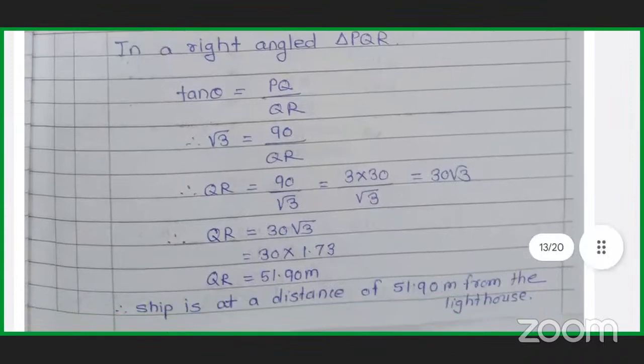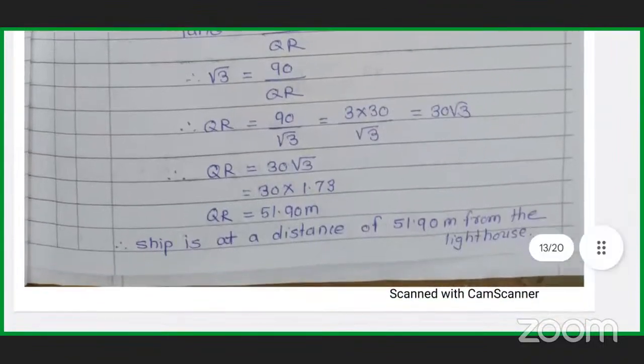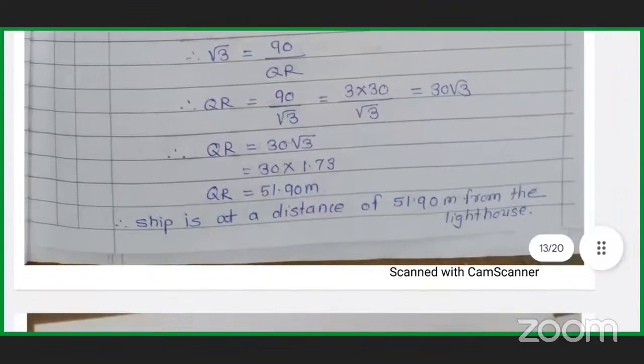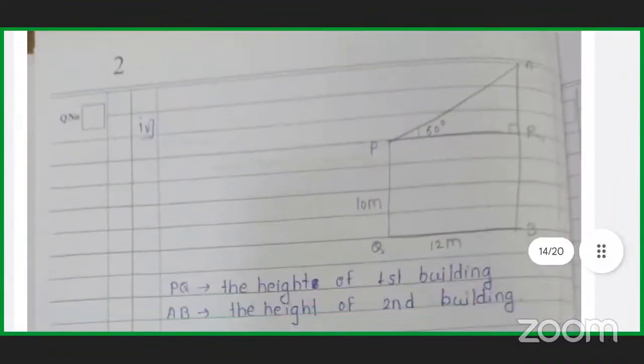That is nothing but replace the value of root 3, that is 1.73. So here we write 51.90 meters. So the ship is at a distance of 51.90 meters from the lighthouse. This is our final answer. Here the unit must be compulsory.